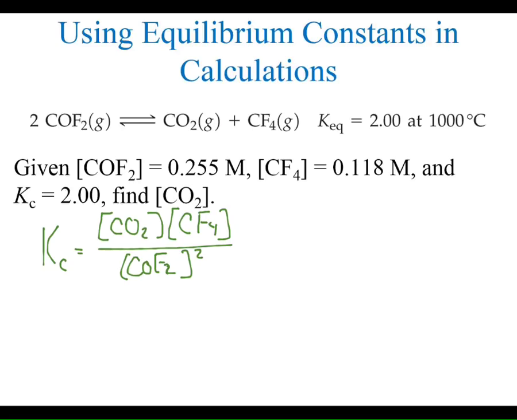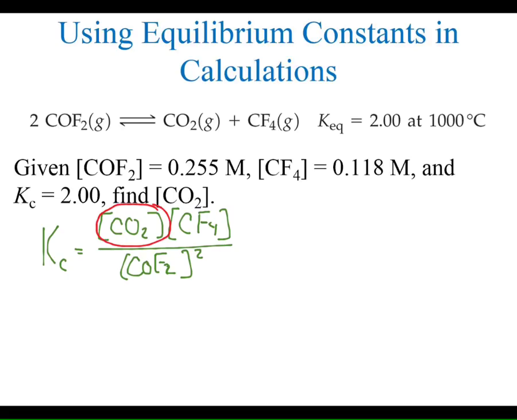So we're going to plug in what we know, rearrange, and solve for what we don't. We want to find CO2 right here. You can either rearrange it now and then plug in, or plug in and then rearrange it. I don't care. I normally rearrange it first, like I did before with the gas ones.